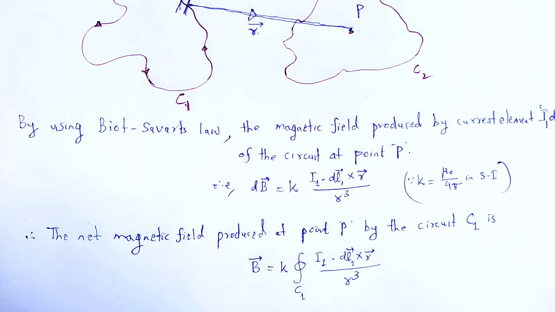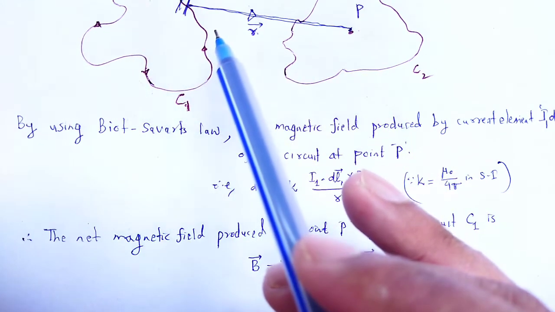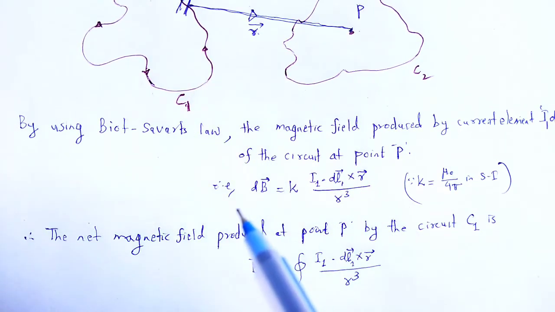And this is the net magnetic field at point P due to that circuit C1.